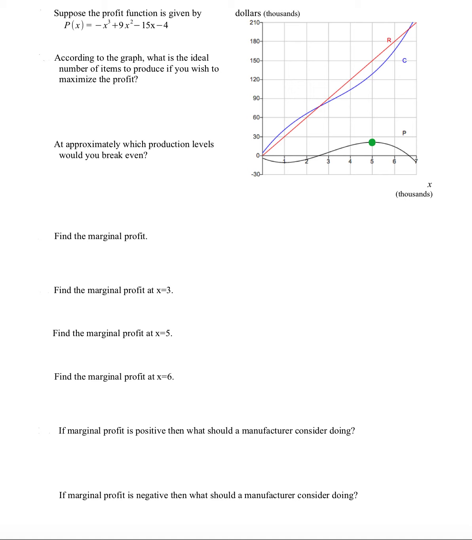Now, just to be sure that that's correct, though, we should do the calculus on it. So let's find dp over dx, which will be negative 3x squared plus 18x minus 15. Okay, we want to set that derivative equal to 0.